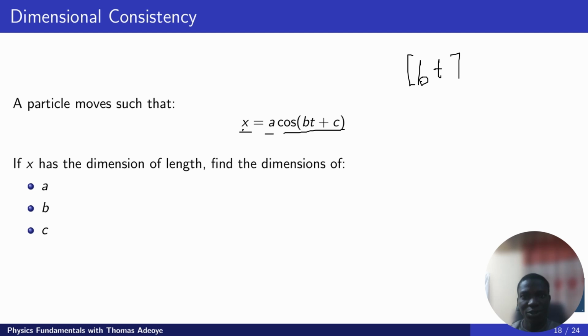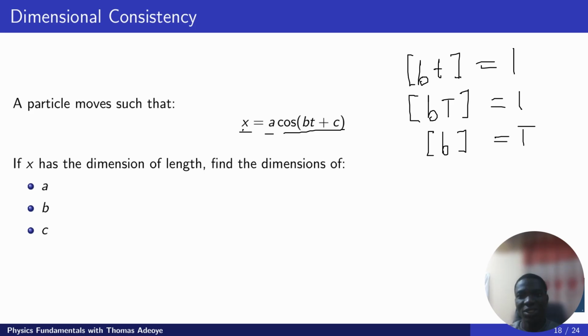And what's the dimension of T? That's capital T. T stands for time. So we have this to be equal to 1, and if you cross multiply, then the dimension of B must be equal to T raised to the power minus 1. You can see this is not hard.